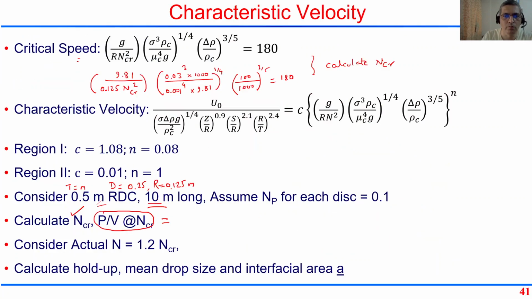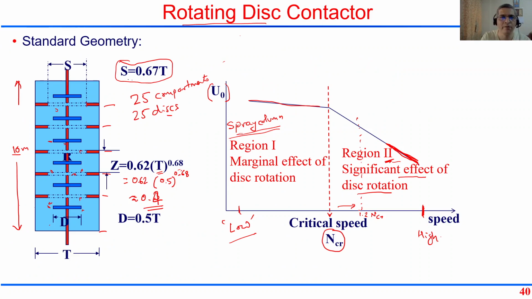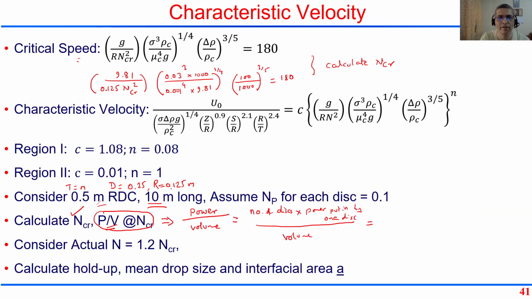Now when we calculate power per unit volume at NCR, the speed NCR we have calculated. Power per unit volume would be total power divided by total volume. Total power would be the number of discs multiplied by the power put in by one disc. There are 25 such compartments, that means 25 such discs.